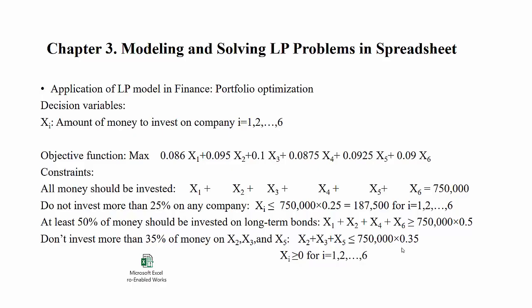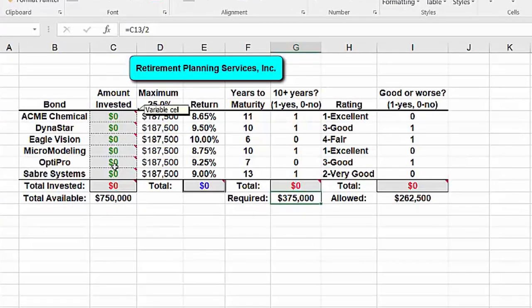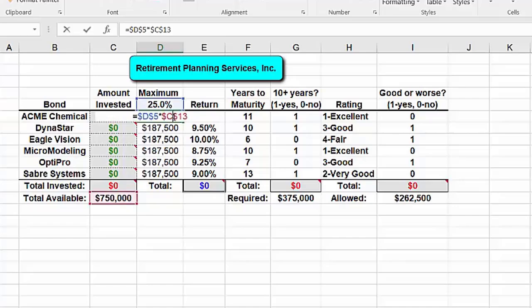And then we can put this model in Excel and solve it. In this table, we modeled this problem. These are the decision variables and the values that we have invested in each of the assets. So the total is 0. And then the maximum that we can invest in each asset is 25%. If we multiply this value, the maximum available fund is going to be this value.